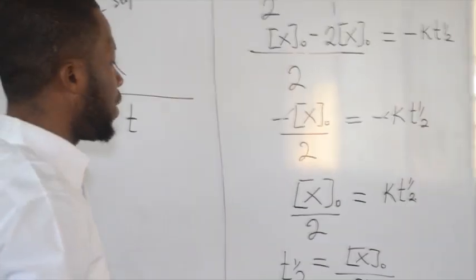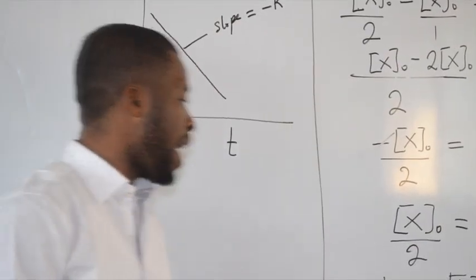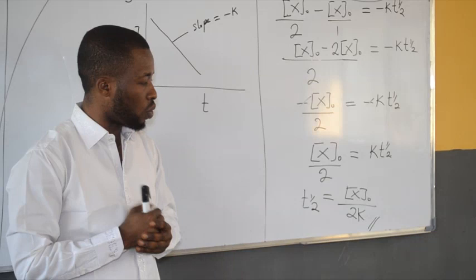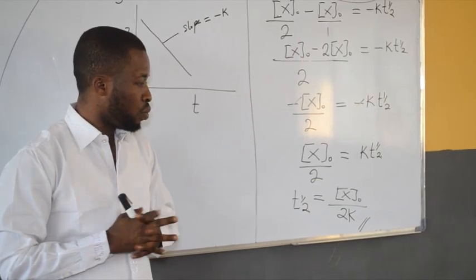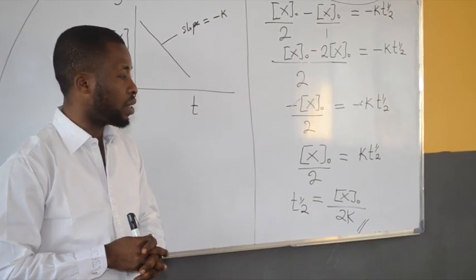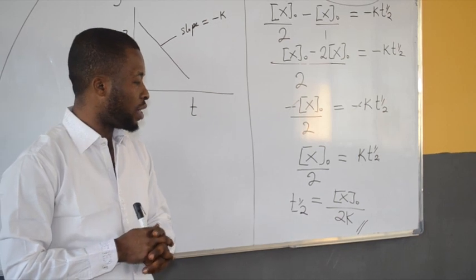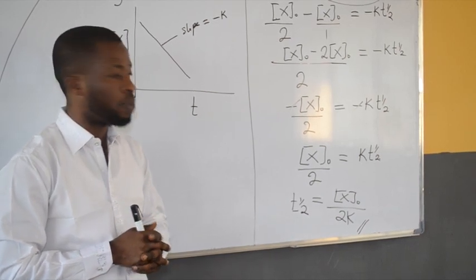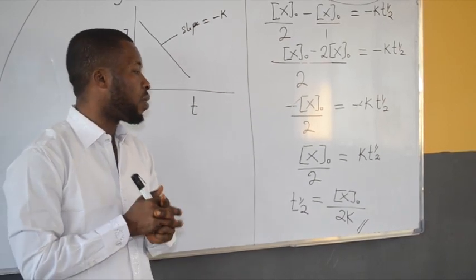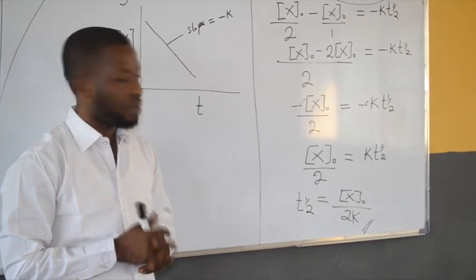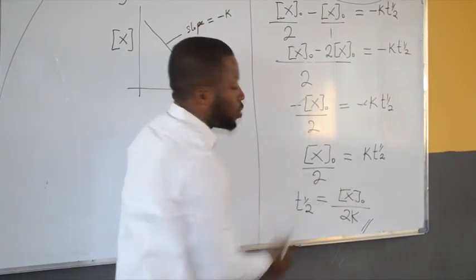So that's the answer. We have been able to get the half-life as x naught over 2k, where k is our rate constant. From that equation, you can see that the half-life of a zero order reaction is proportional to the initial concentration of the reactant.